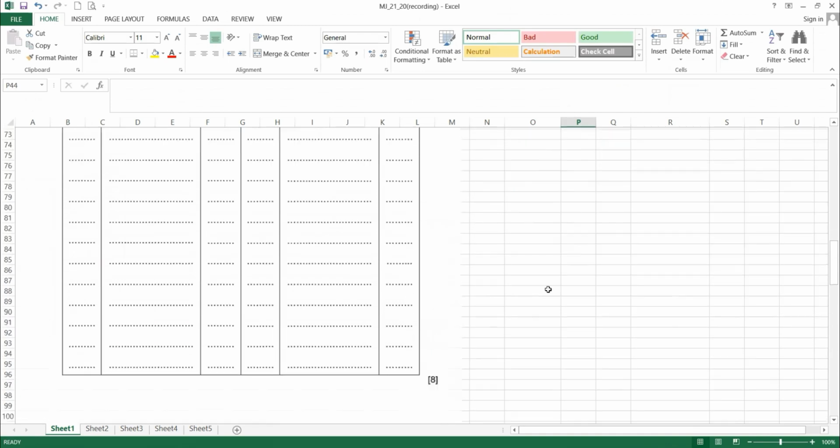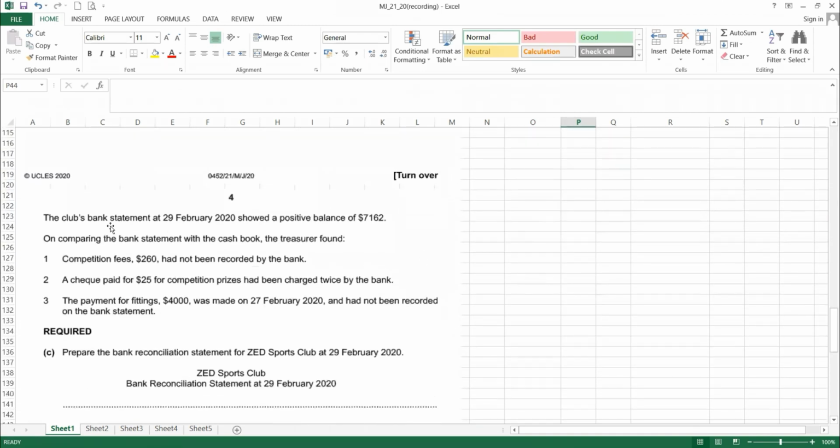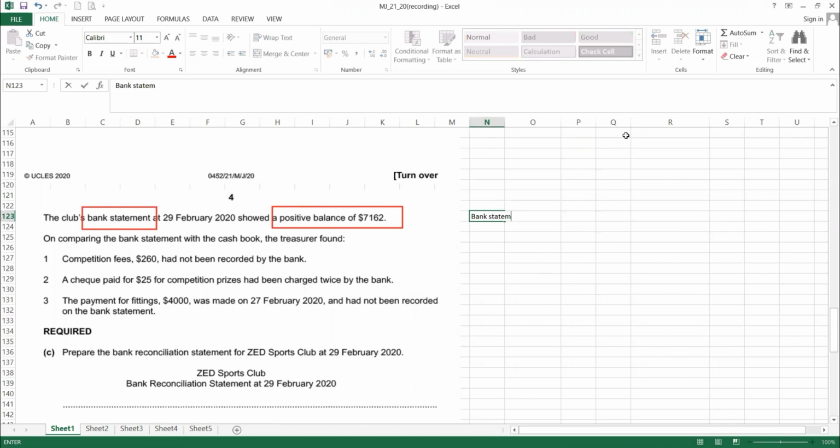Next, let's see what else they ask for. The club bank statement at 29 February 2020 shows a positive balance. When it shows a positive balance, this refers to the bank statement. Balance at 29 February 2020.